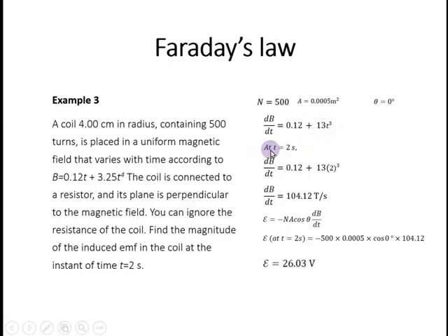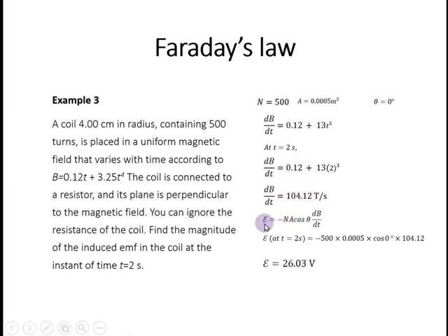Now, we are expected to calculate the induced EMF at the time of 2 seconds. So at 2 seconds, the rate of change of the magnetic field will be 6 multiplied by 13, and this one, 2 cubed, will give us 8. So 8 multiplied by 13, added to 0.12, gives us the whole of this here.